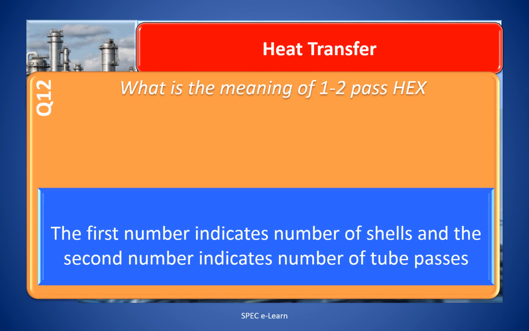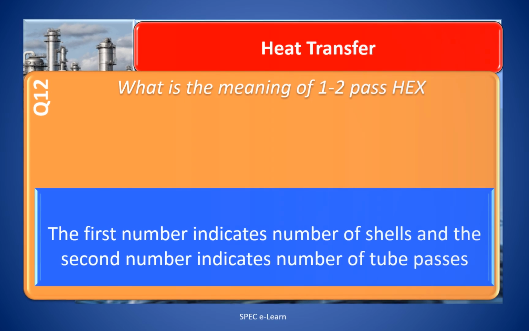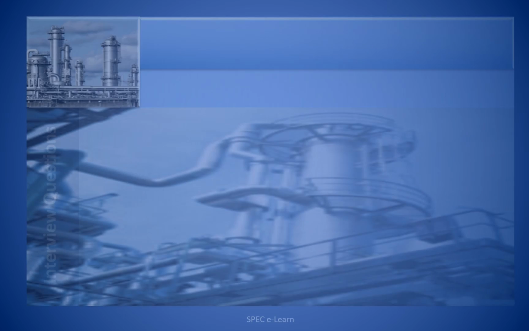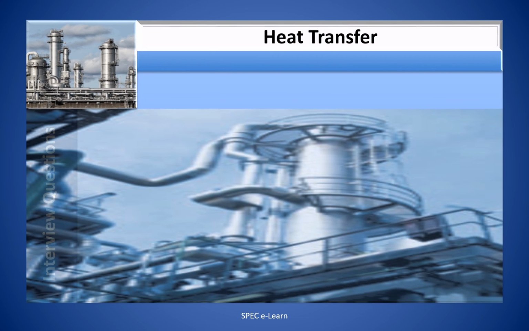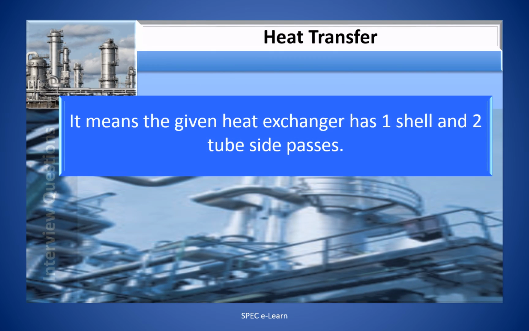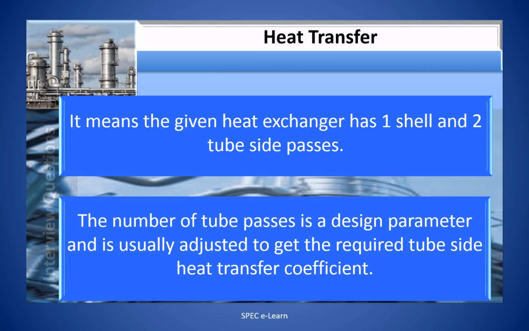The answer. The first number indicates the number of shells, and the second number indicates the number of tube passes. It means the given heat exchanger has one shell and two tube side passes.